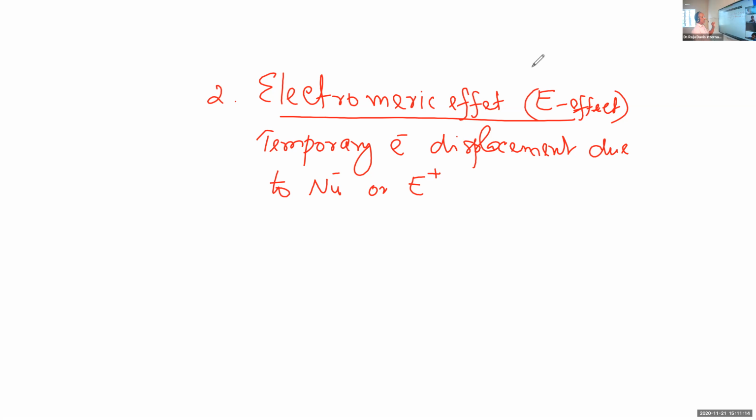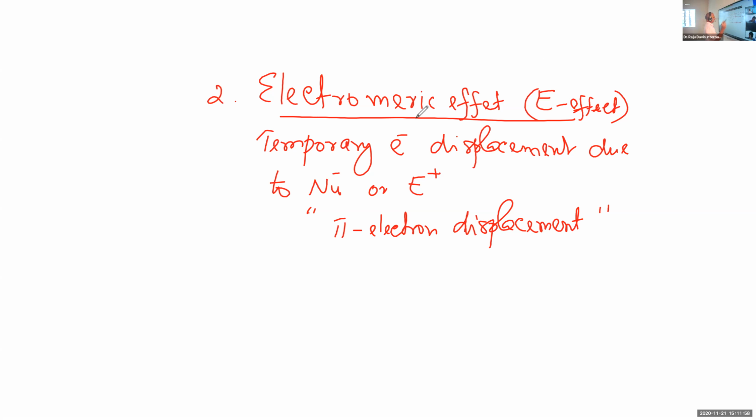And the temporary displacement is for the pi electrons. You know, in the inductive effect, there is sigma electron displacement. But here there is pi electron displacement. So we can see the electromeric effect in compounds containing a carbon-carbon double bond as well as a triple bond, a multiple bond. There should be pi electrons.